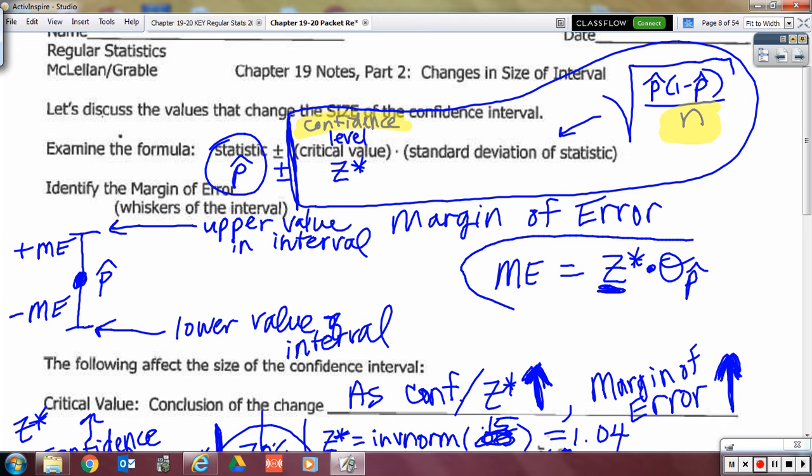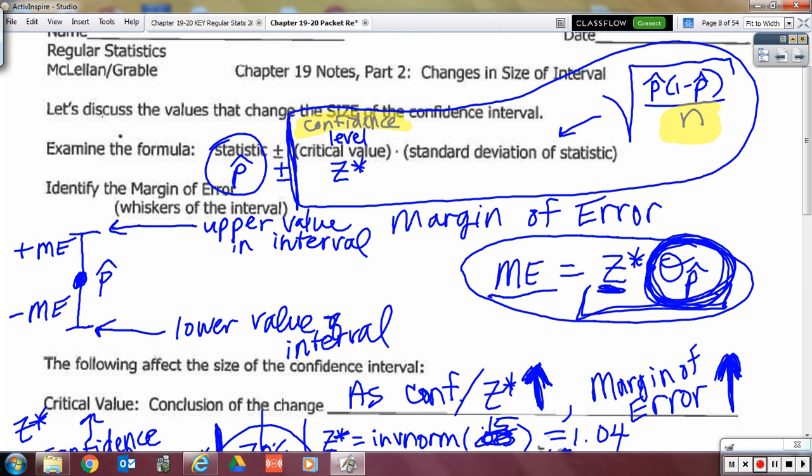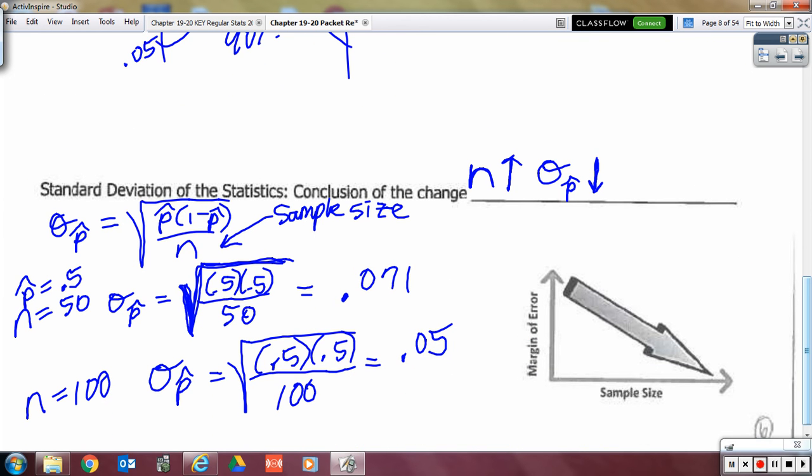Here is our formula. If this number gets smaller, what's going to happen to this product? It gets smaller. So if standard deviation gets smaller, our product gets smaller, our whisker gets smaller, so the margin of error is getting smaller.